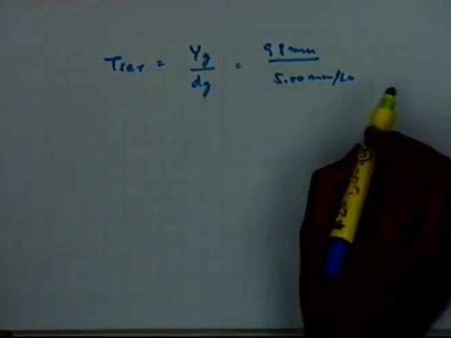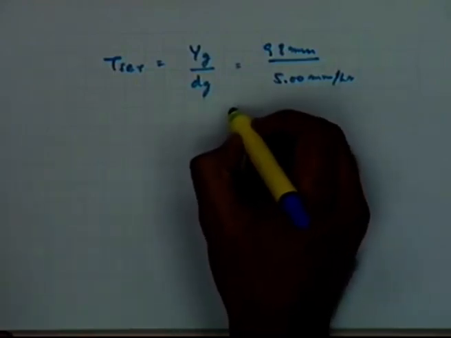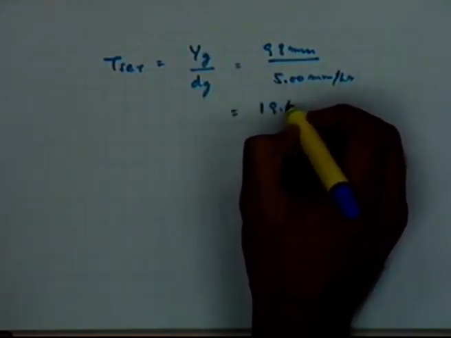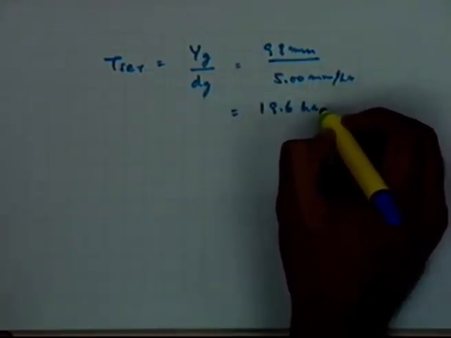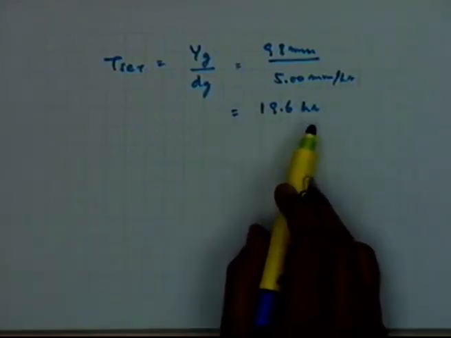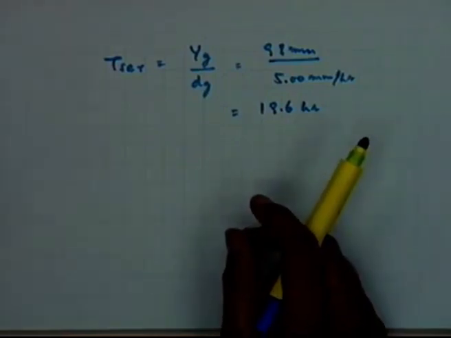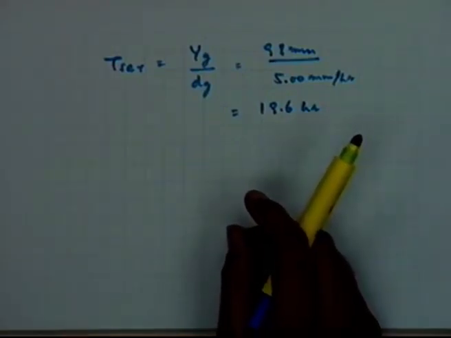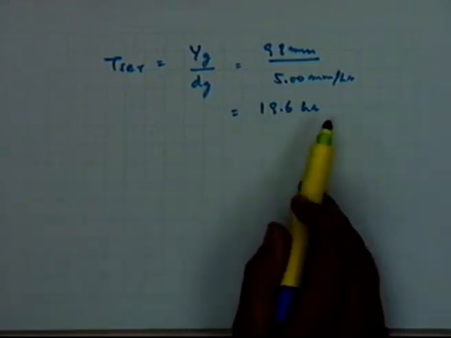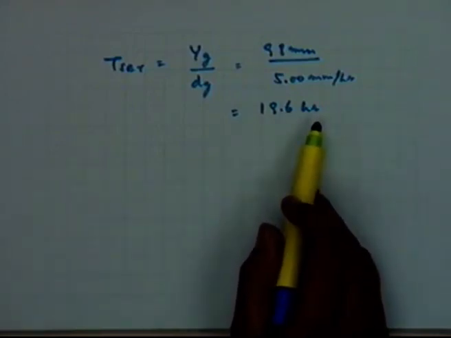So it's 0.5 centimeters per hour, or 5 millimeters per hour, and this gives you a requirement of 19.6 hours as the set time. So now you'll have to run the system with the selected nozzle for 19.6 hours for completing that irrigation.